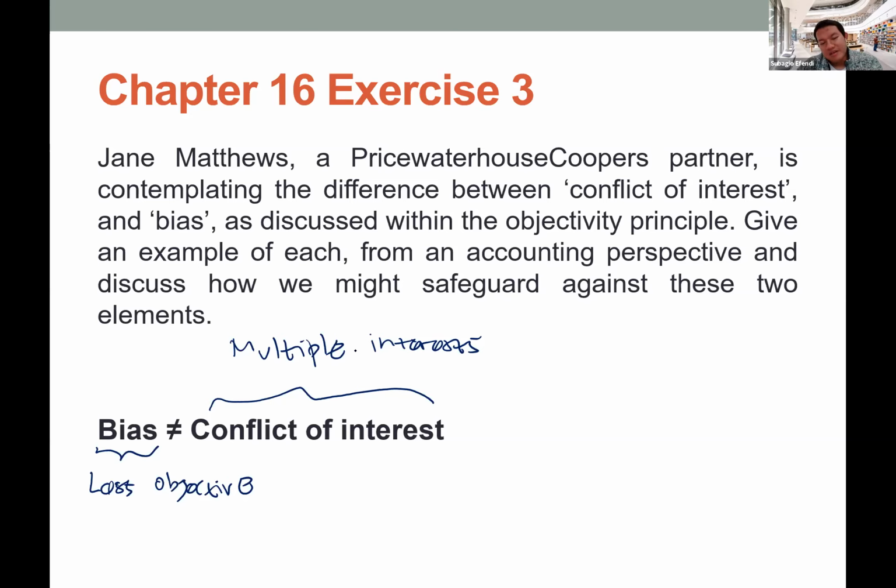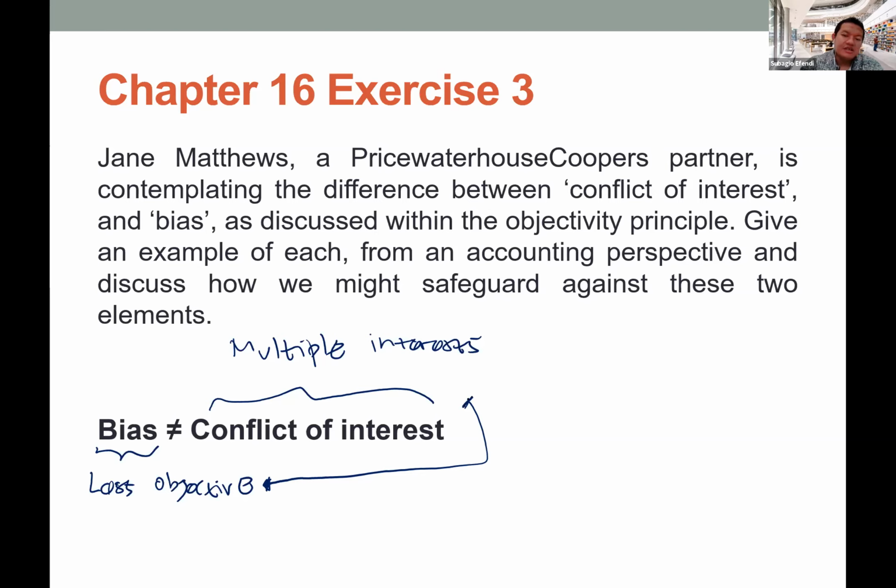If the auditor has other interests other than the public interest or the shareholders' or stakeholders' interest, you could get a biased decision, or less objective decisions. So conflict of interest will cause biased decisions or biased judgment. One of the important causes of biased decisions or judgment is the conflict of interest.